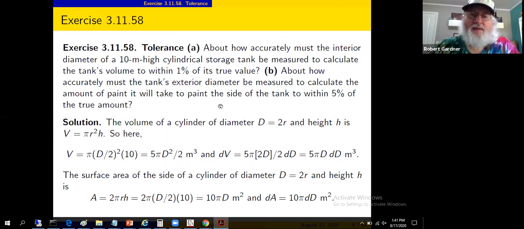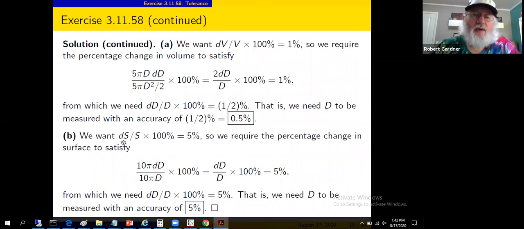They talk about paint, but they're really talking about surface area. We've got that surface area here, and here's a differential. So we'll take this divided by that times 100%. We want that to equal 5%. I called it S for surface here, but should still probably call it A. The differential of surface area divided by surface area times 100%, we want that to equal 5%.